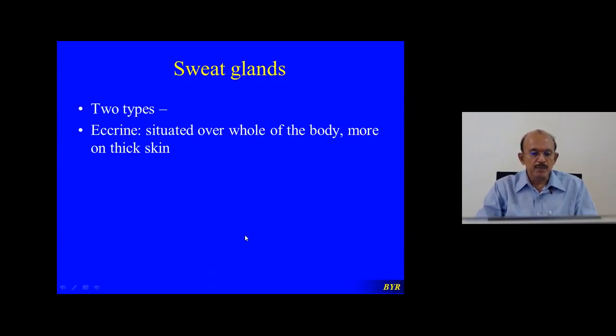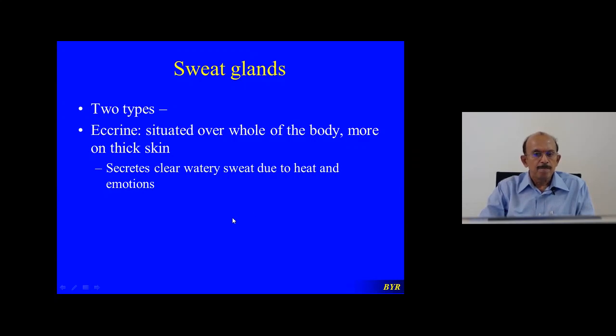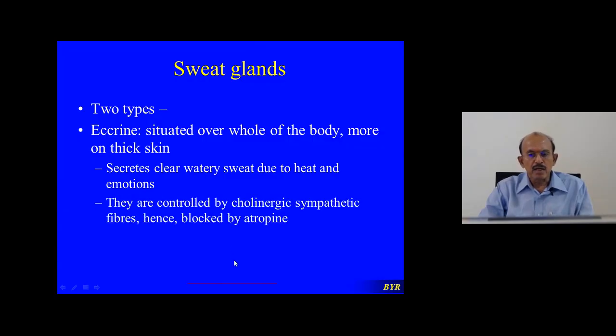Sweat glands, there are two types. Eccrine glands are situated over the whole of the body, more on the thick skin. They secrete clear watery sweat due to heat and emotions. They are controlled by cholinergic sympathetic fibers, hence blocked by atropine.